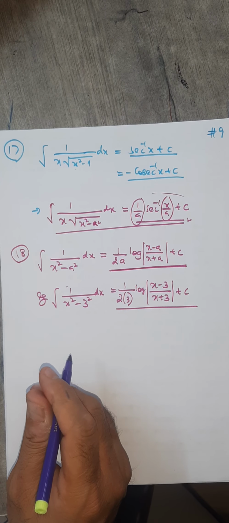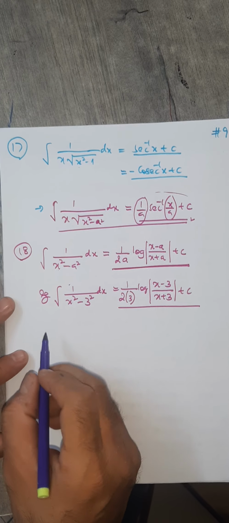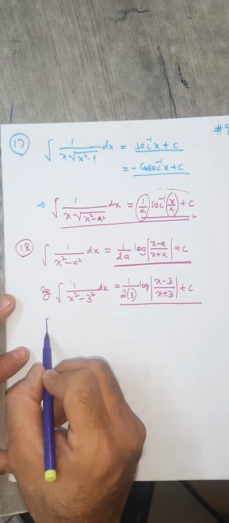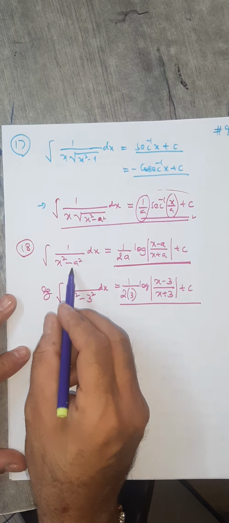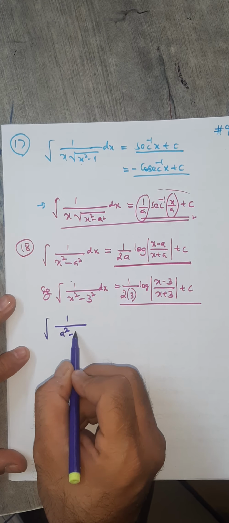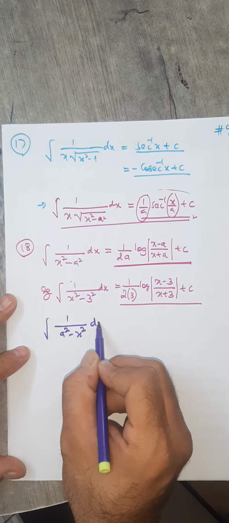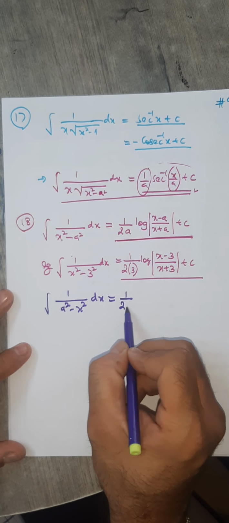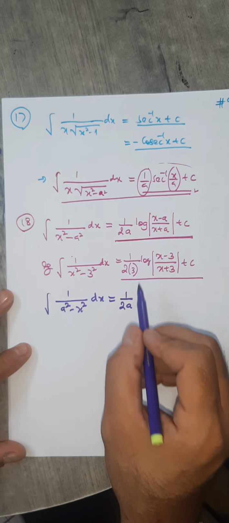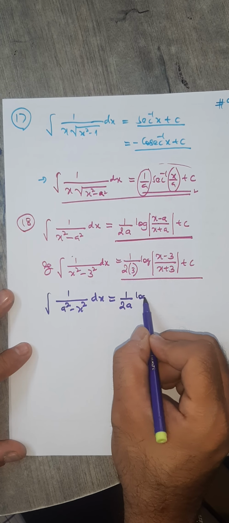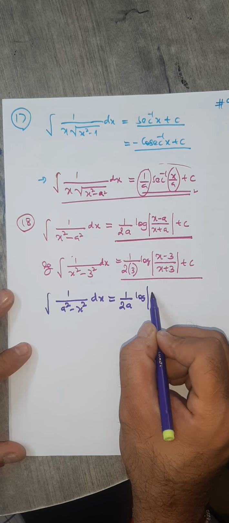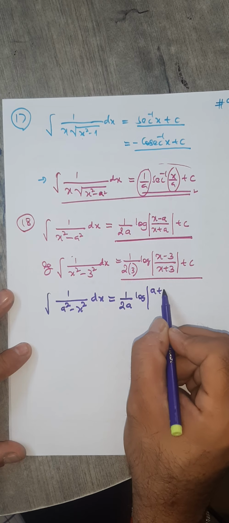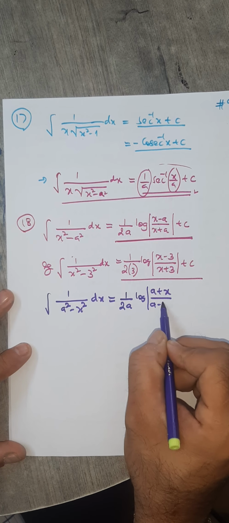The next here, similar formula, it is just based on these only. 1 upon, I'll take a square first, constant first, x square minus a square. So which is 1 upon 2a. Now here plus factor will be in the numerator. So log of mod of a plus x upon a minus x.